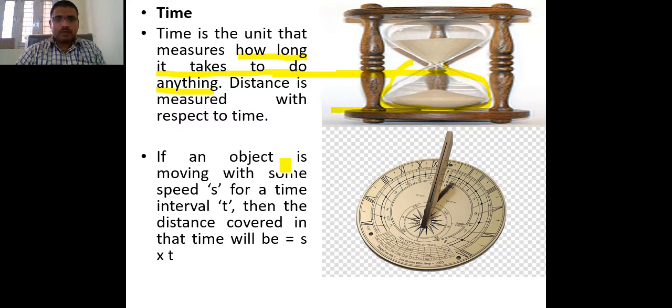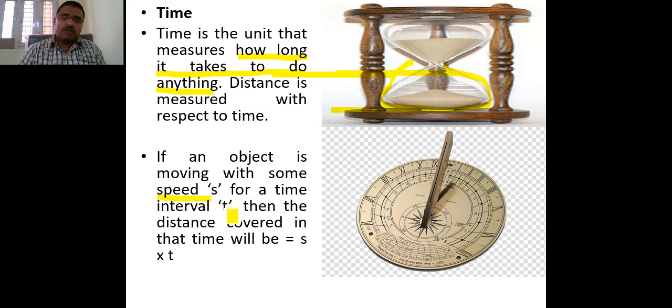Now if an object is moving with some speed for a time interval, then the distance is covered. Here we just want to show that for anything moving with some speed, how is this speed calculated?